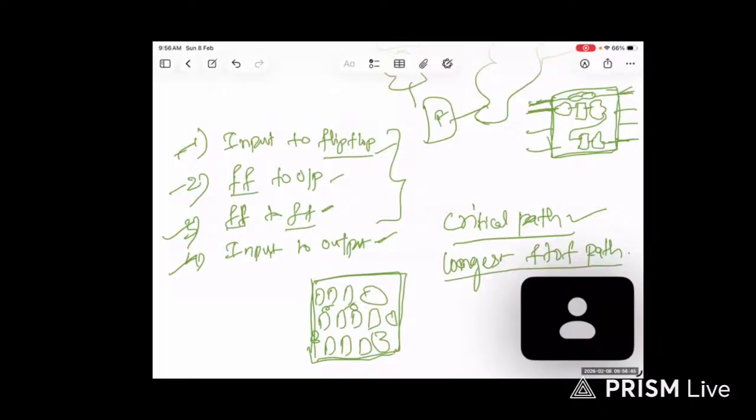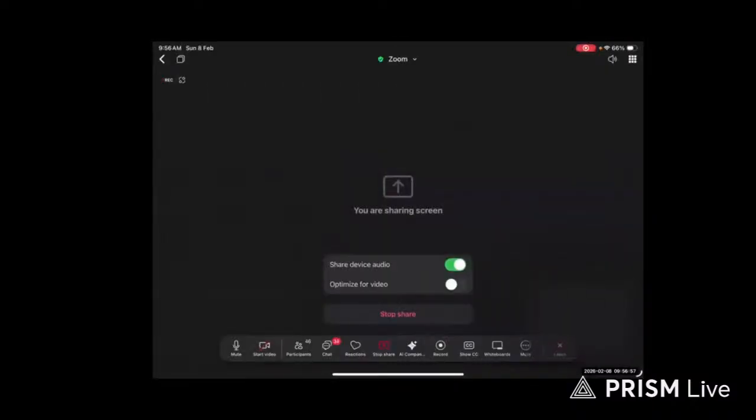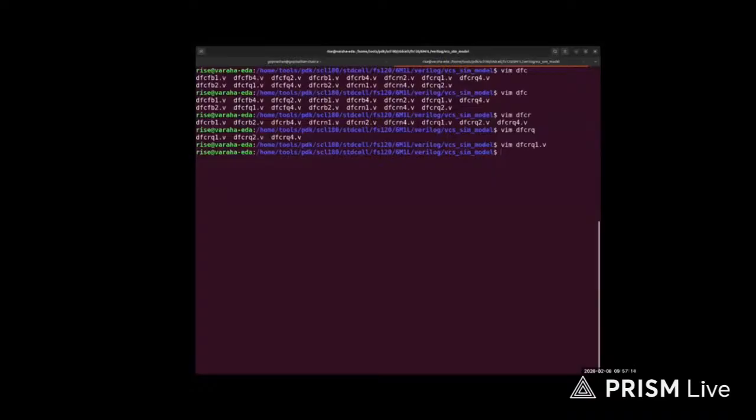So let me show you how a flop to flop path looks like. You're able to see my screen, right?